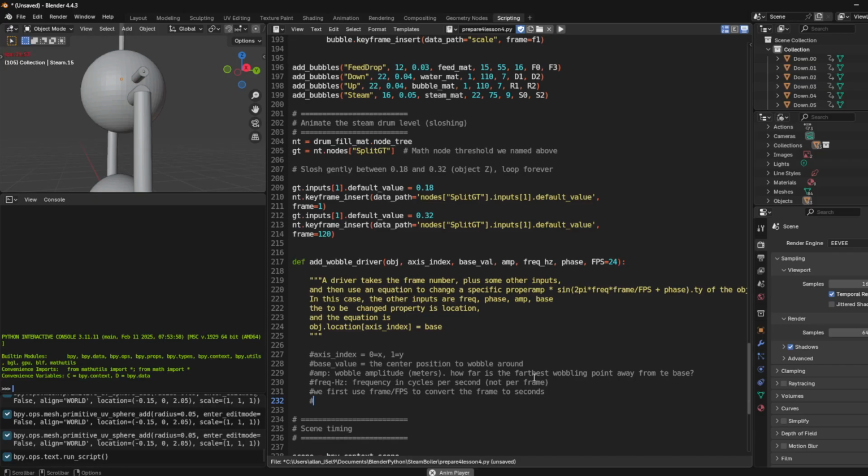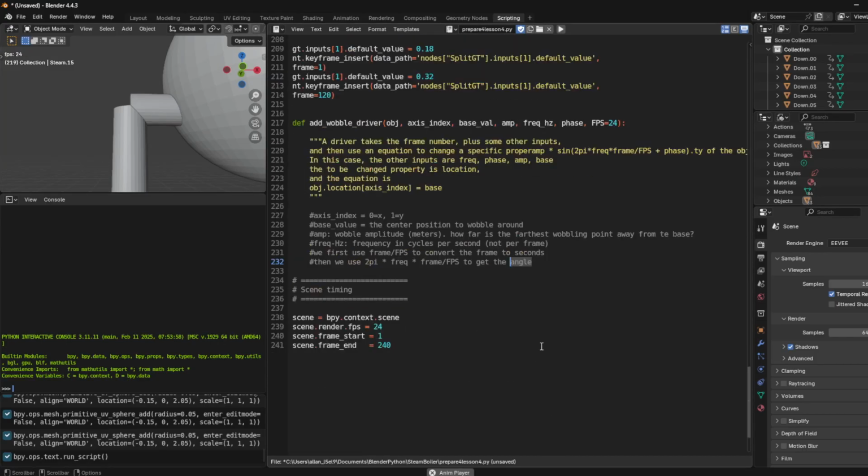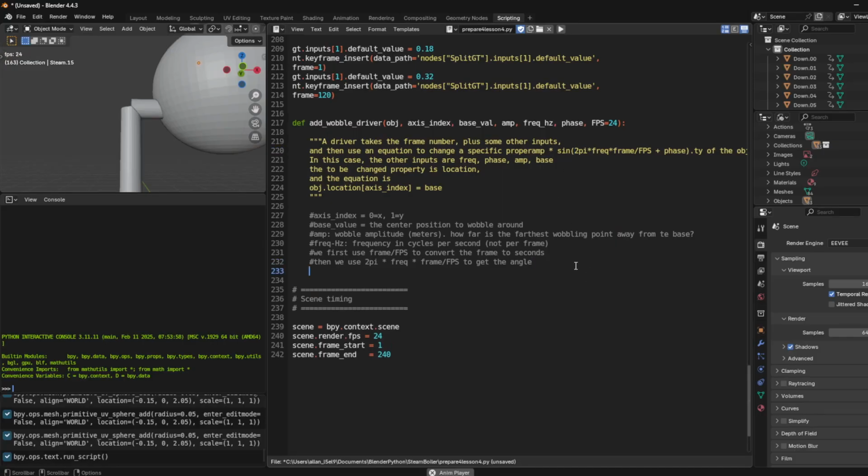Then we use 2 pi times frequency times frame divided by FPS to get the angle. Angle? Where did that come from? I thought we were just talking about distance in the wobble. Well, that's where sine comes in, and we'll get into that.